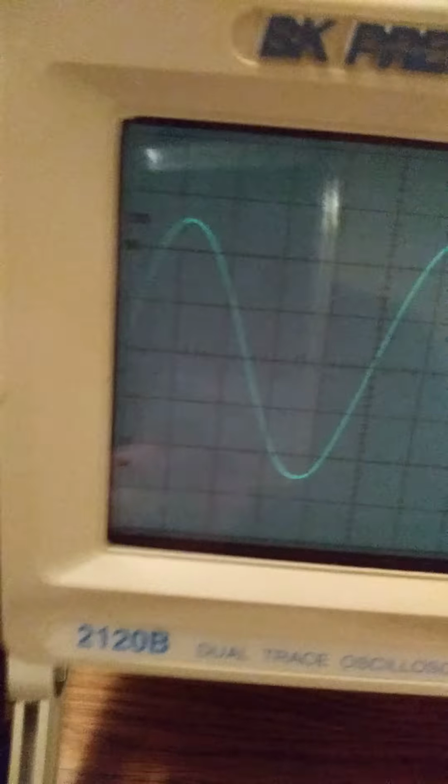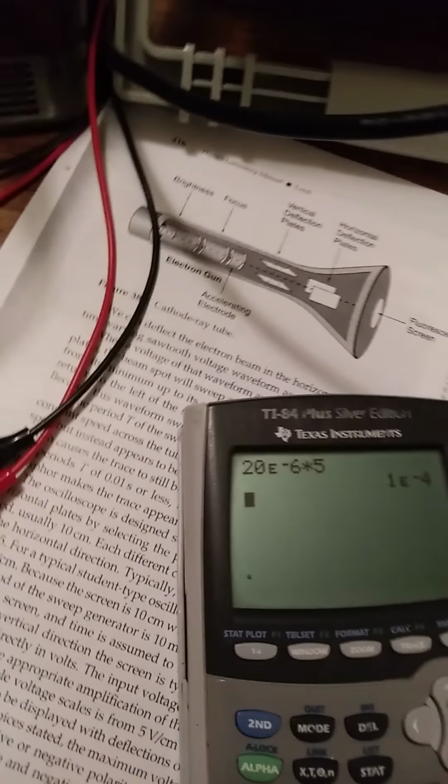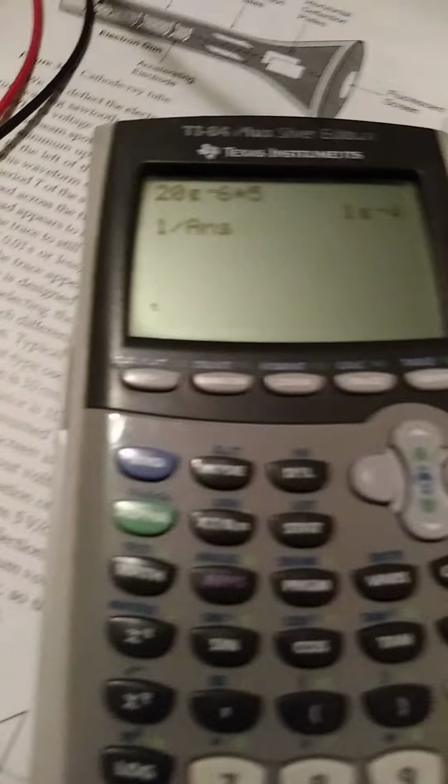If I invert that, I'll get the frequency. 1 divided by that number gives me 10,000 hertz, and that's exactly what I have this set on right now. I have the 10K button pushed, and the frequency control knob is set on approximately 1. So 1 times 10K is 10,000 hertz.